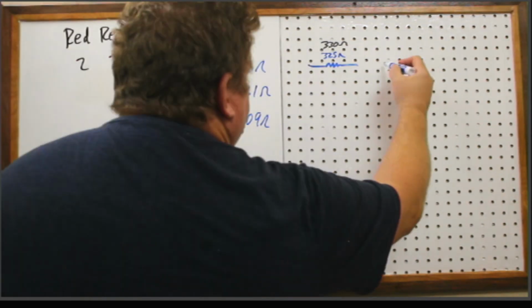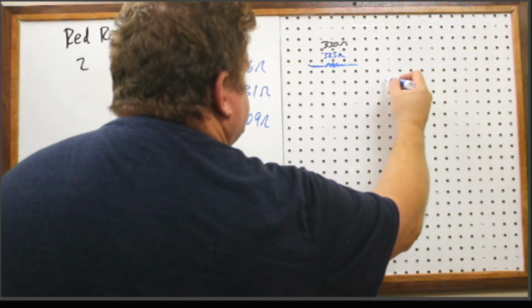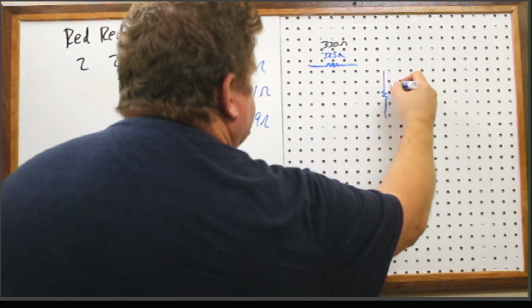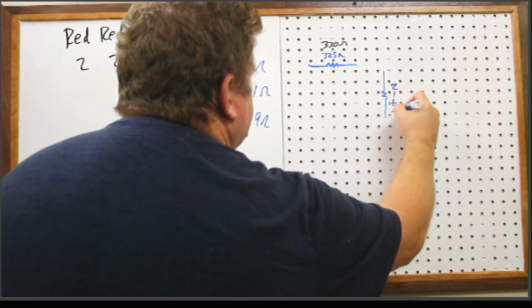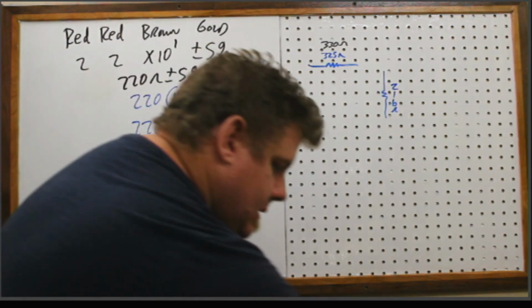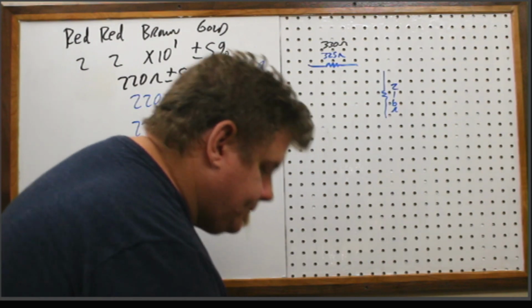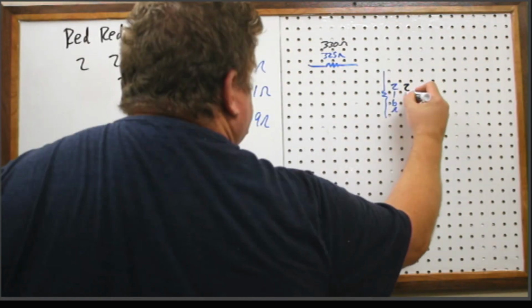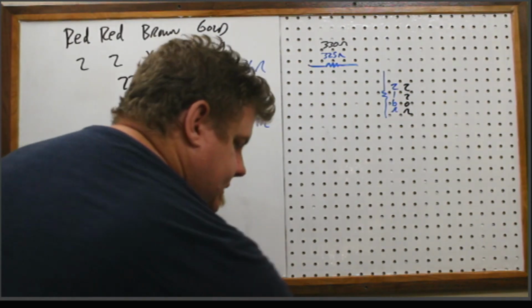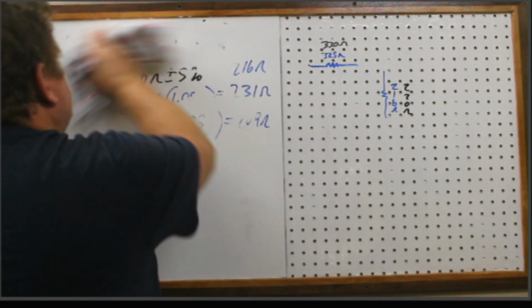So I have another one up here I can use. So let's make this over here. This is 216. And that is for a 220 ohm resistor.